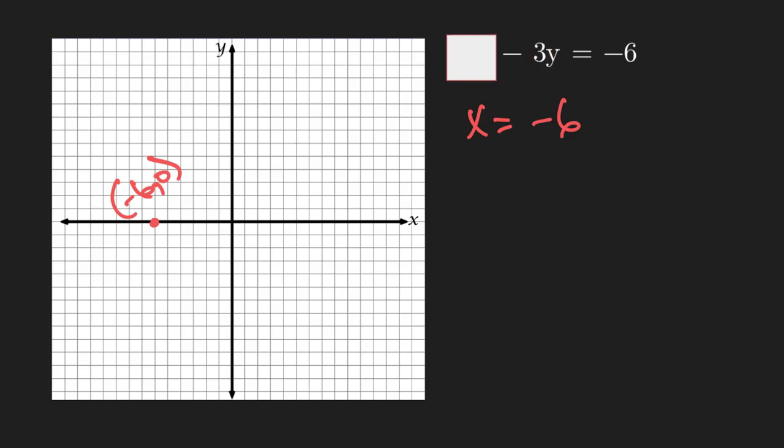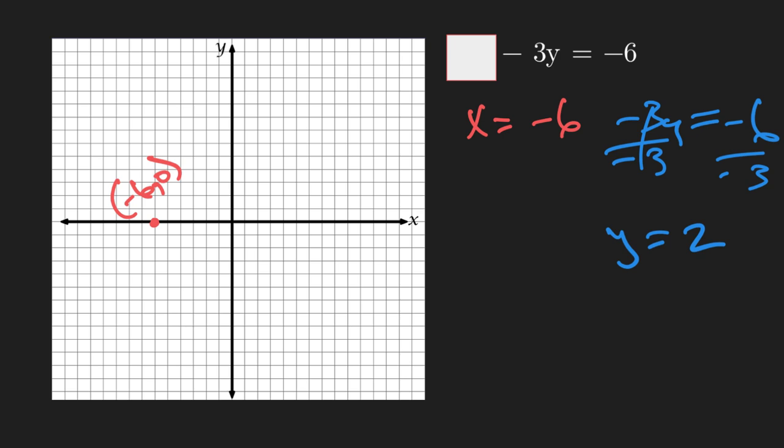To find the y-intercept, I'm going to cover up my x. -3y equals -6. How do we solve? Divide by -3. That's right. Y equals, let's see, -6 divided by -3, +2.